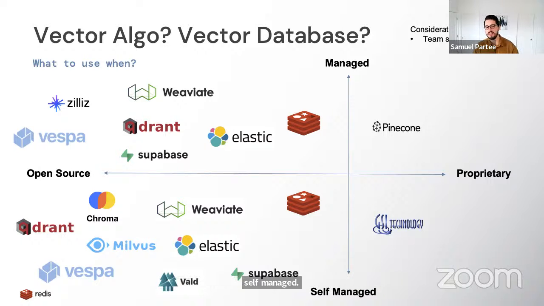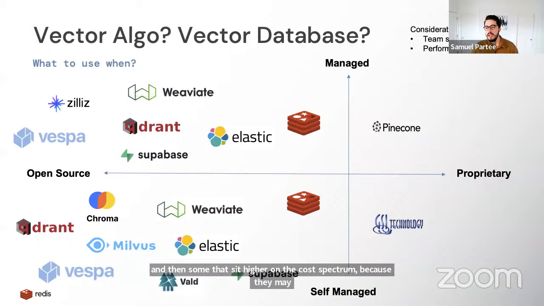You just click to deploy, have it load up for you. There are a number of options there for that. But then, if you get into budget, there are going to be some that sit lower on the cost spectrum because they may be newer, and then some that sit higher on the cost spectrum because they may be more established. And so you have a dichotomy there as well.